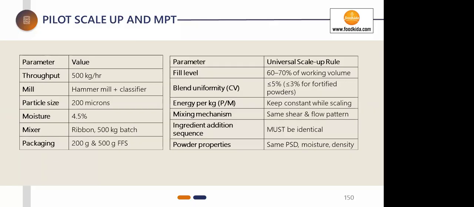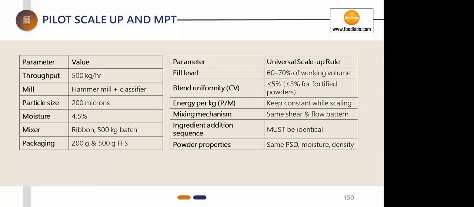So if my capacity is 200, 20% you discount, 80% is my working volume. So 80% of 200 is 160 and 70% of 160 will be your fill level. You are getting me? Okay. This is for powders especially. Powders, the fill level is lesser. In liquids, it can be more.